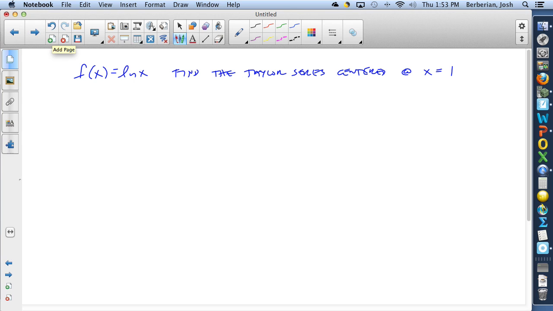As soon as I hear Taylor series, I know ln of x equals something plus c sub 1 times x minus, now where are we centered? 1. So it's going to be x minus 1 to the first, plus c2 times x minus 1 squared, plus c3 times x minus 1 to the third, on and on.